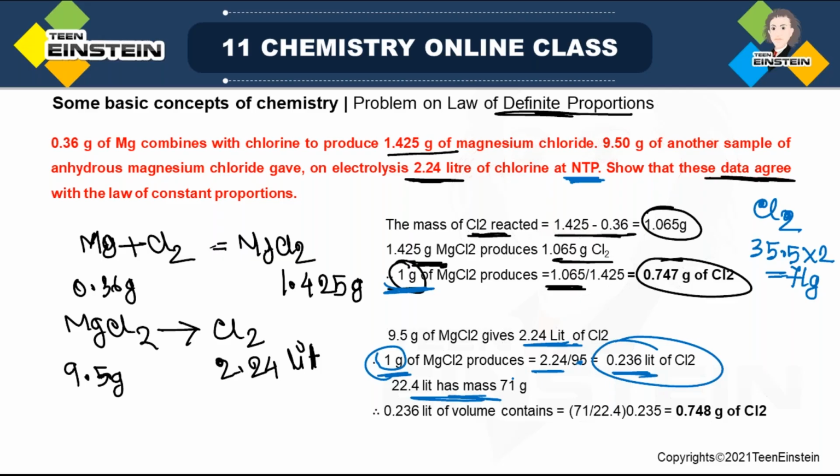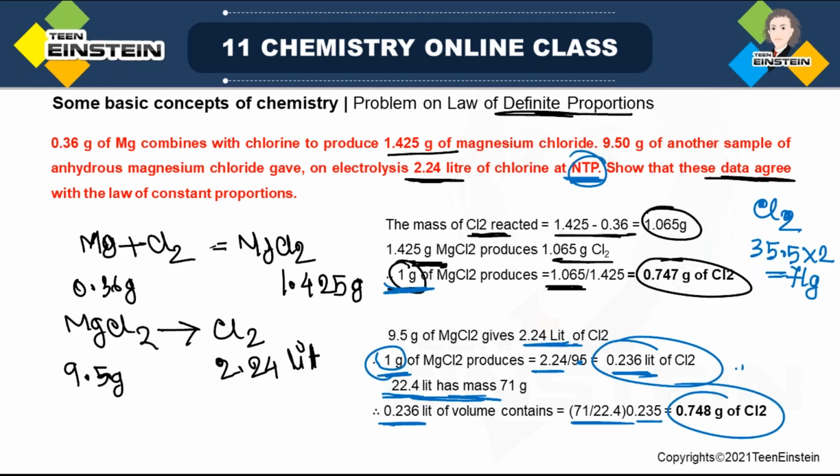So molar mass will always have the volume 22.4. So if 22.4 liter has mass 71 gram, because the condition is NTP, as given in the question, then for 22.4 liter the corresponding mass is 71 gram, but we want to know the mass for 0.234 liter of chlorine. So that is why 71 is divided by 22.4 and then multiplied by 0.234, and this is the mass of chlorine which you are getting from 1 gram of MgCl2.